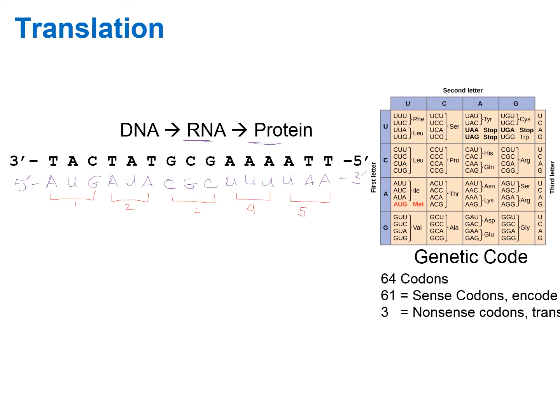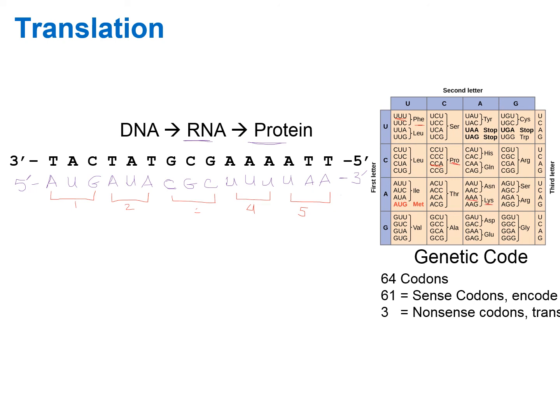Now, in the genetic code there are 64 codons listed. 61 are what we call sense codons because they correspond to some amino acid. For example, here we have UUU, and that correlates with phenylalanine. Here we have CCA, and that correlates with proline. Here we have AAA, that correlates with lysine.